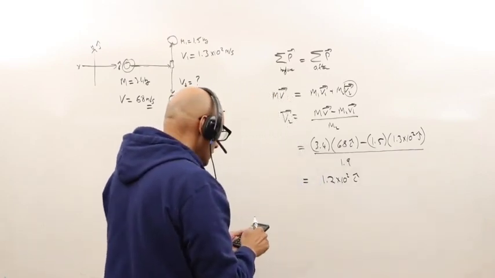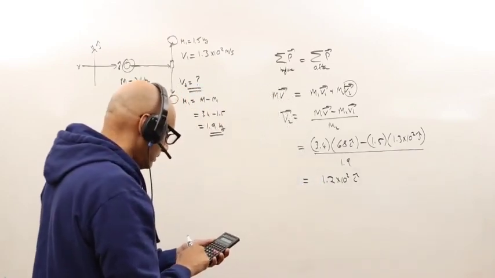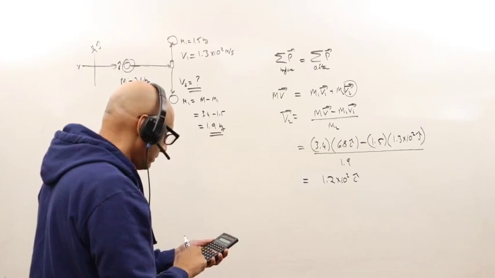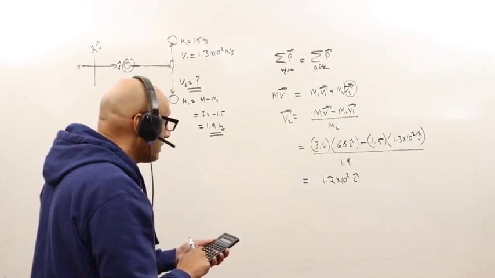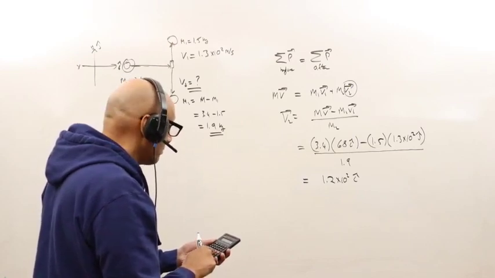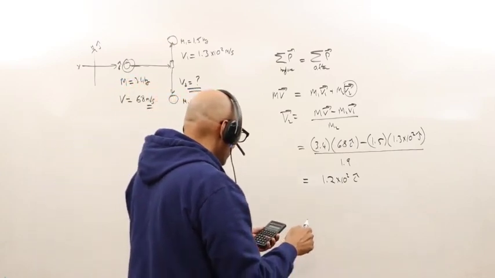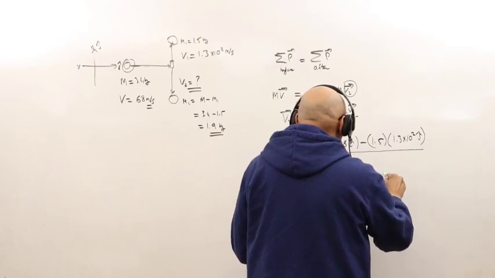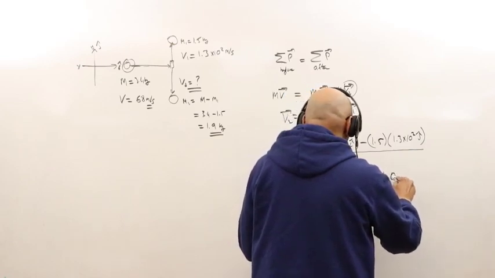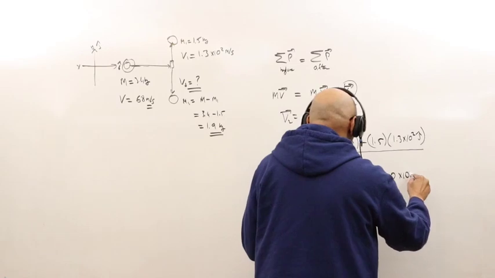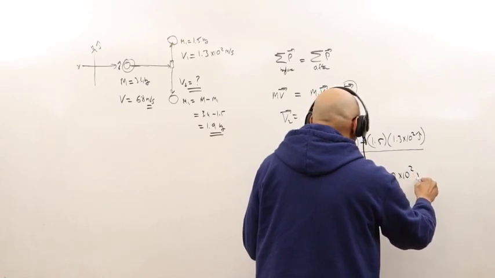Then we have a j hat, which is 1.5 multiplied by 1.3 times 10 squared divided by 1.9. I get minus 1.0 times 10 squared j hat.